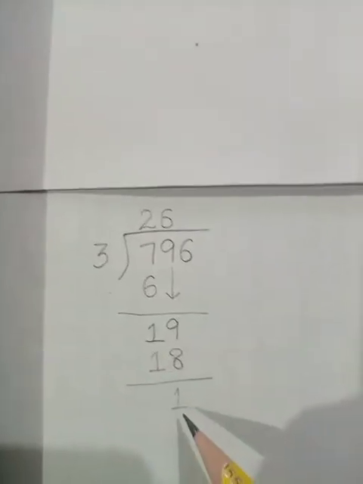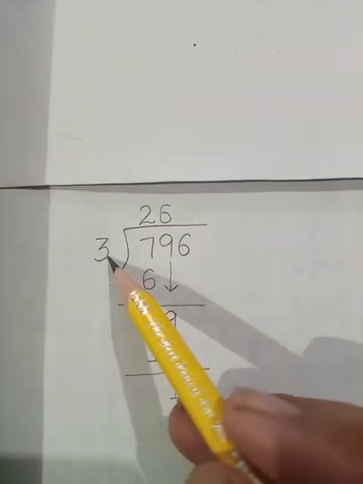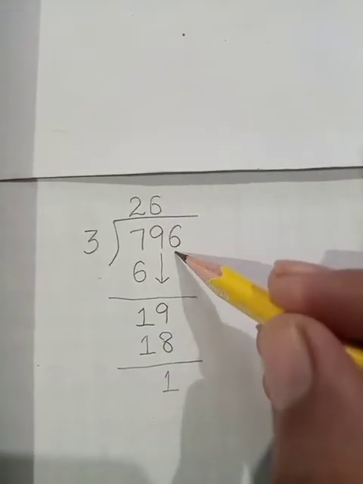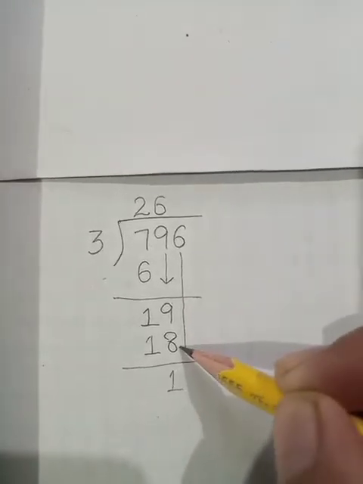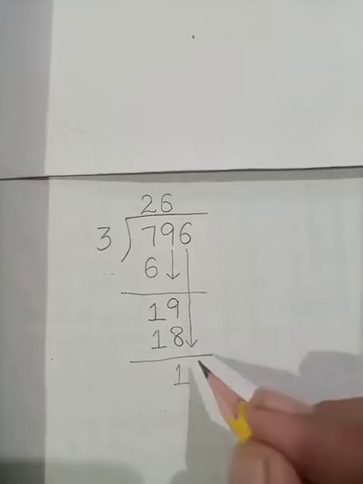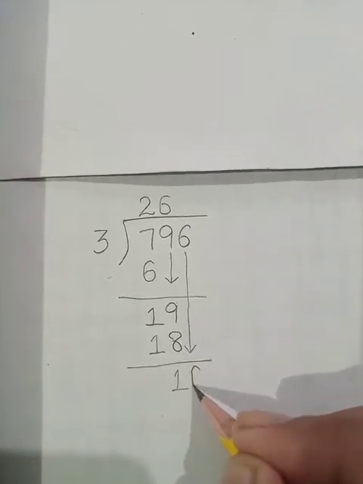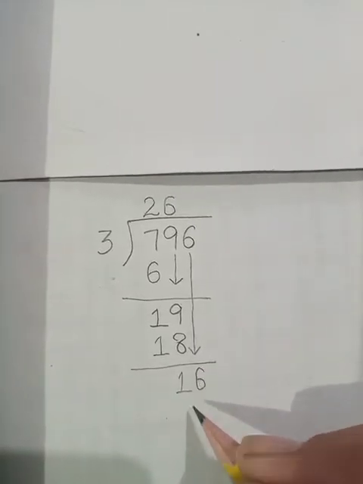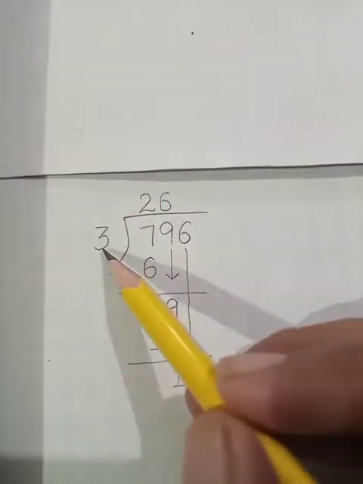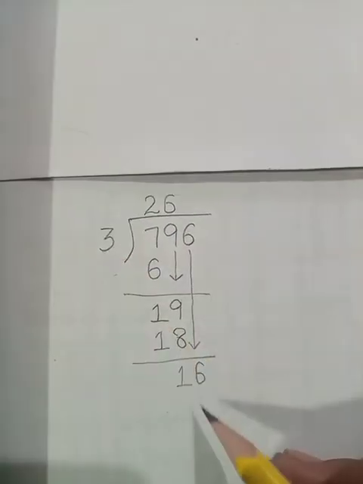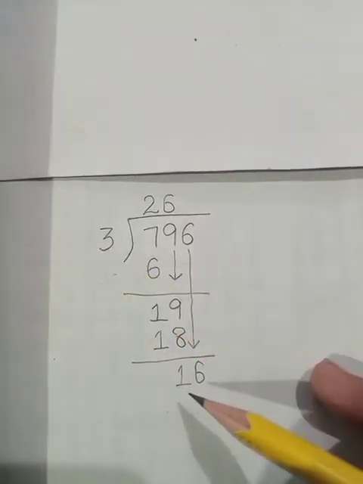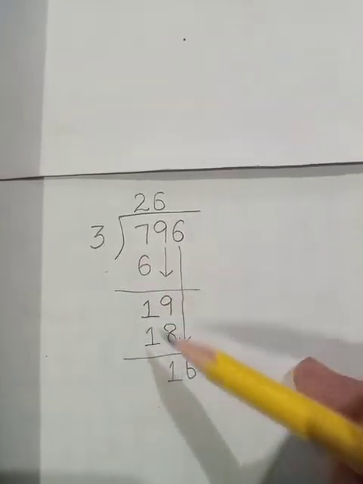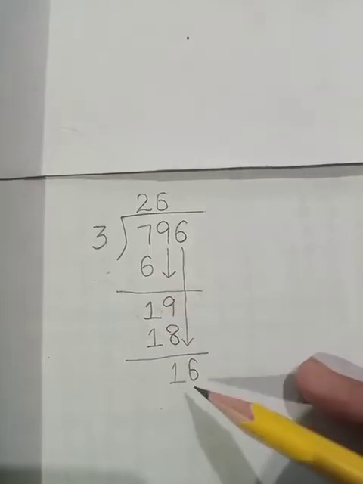Now students, look at this. This 1 is again smaller than the divisor. So we will have to bring down our next number, that is 6. So I am taking the 6 down here. It will become the number 16. Now students, let's try to solve this by the number 3. 3 ones are 3, 3 twos are 6, 3 threes are 9, 3 fours are 12, 3 fives are 15.